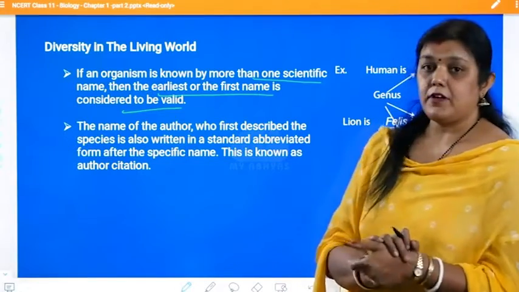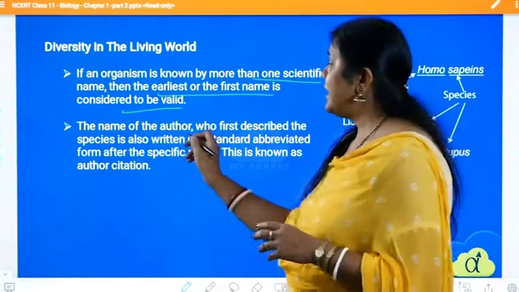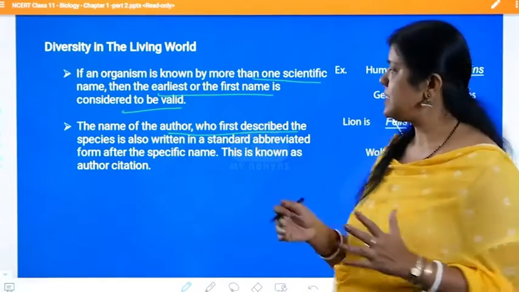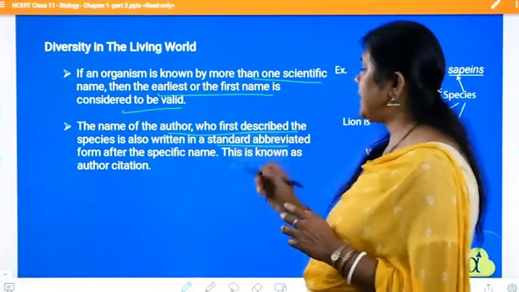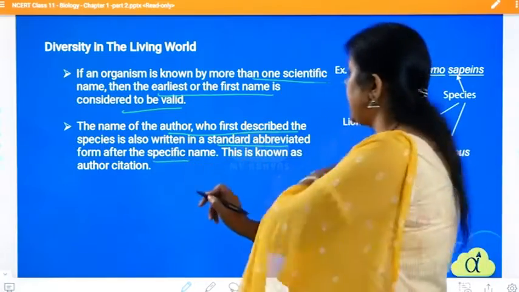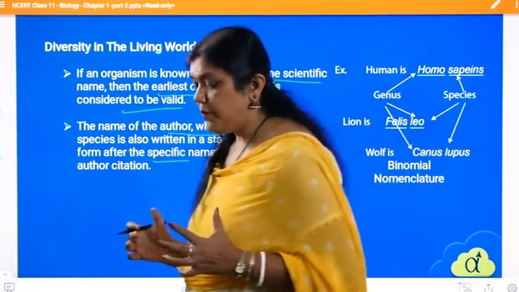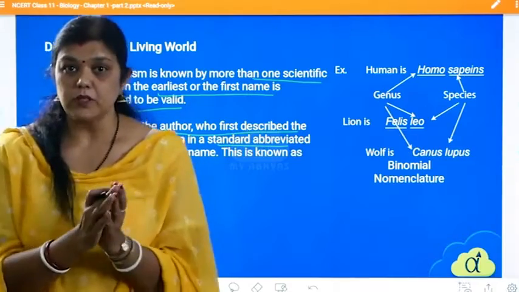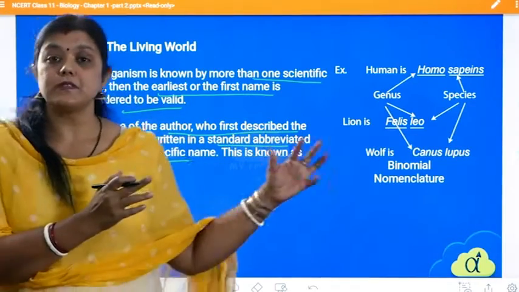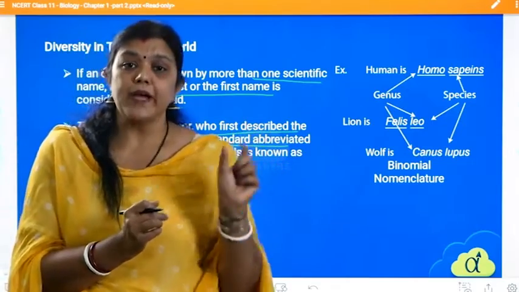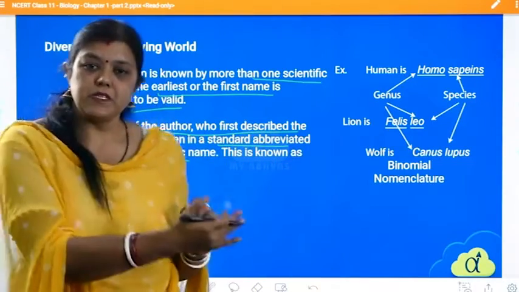It is also suggested that the name of the author who first described the species should be written in a standard or abbreviated form after the specific name. So if we know the scientist who has discovered the particular species, then the name of the scientist should be abbreviated after the species name.